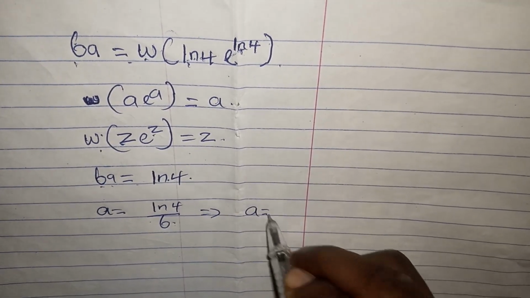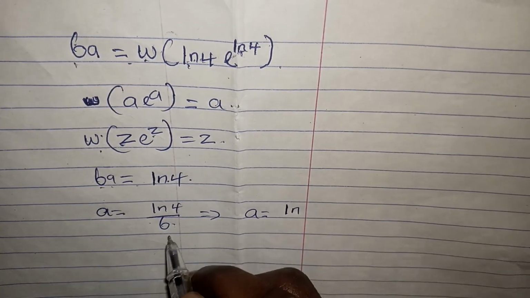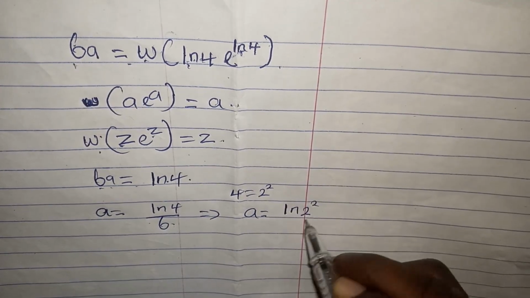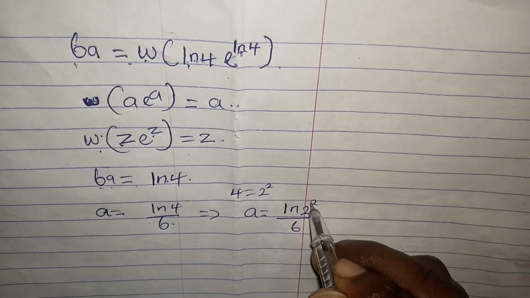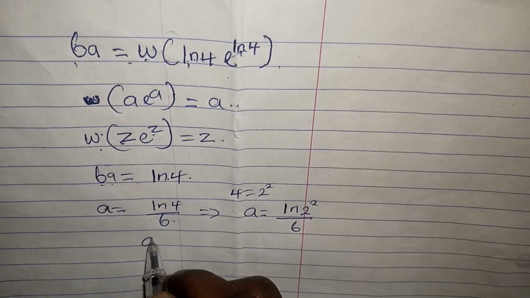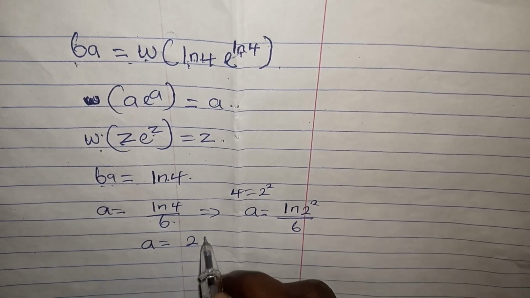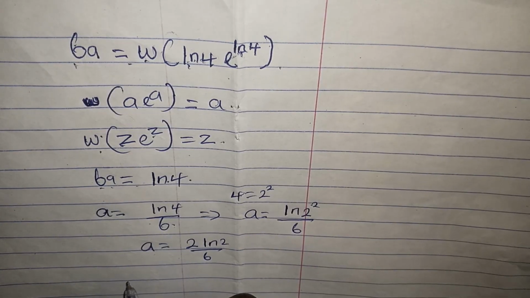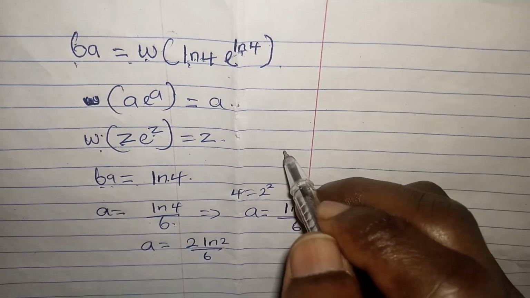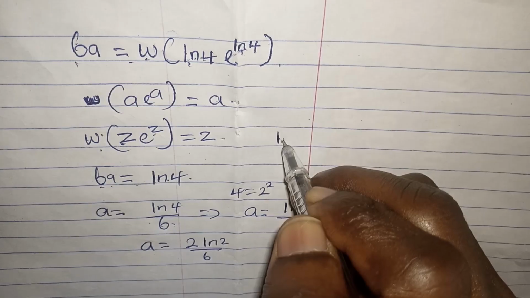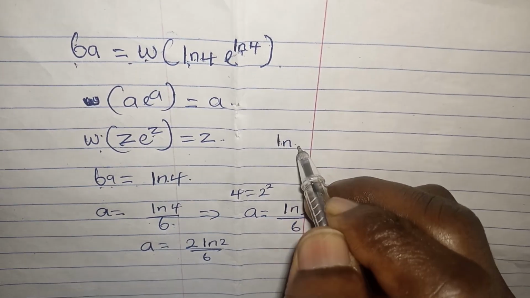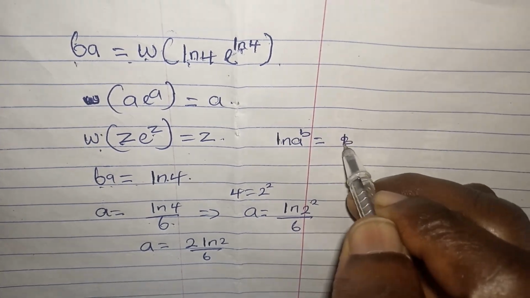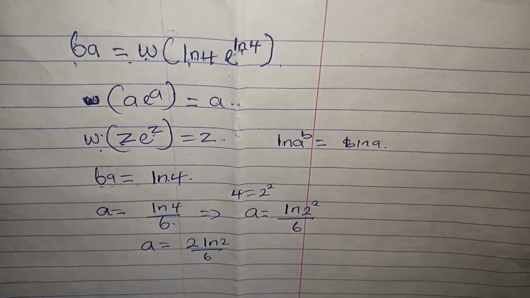Which implies our a is equal to ln of what? Recall your 4 is also equal to 2 to the power of 2, right? So we can say ln of 2 to the power of 2, over 6. And this 2 will be coming to the front. So we have a equals 2 ln of 2 over 6. From the rules of logarithm, if we have ln of a to the power of b, it also equals b ln of a.